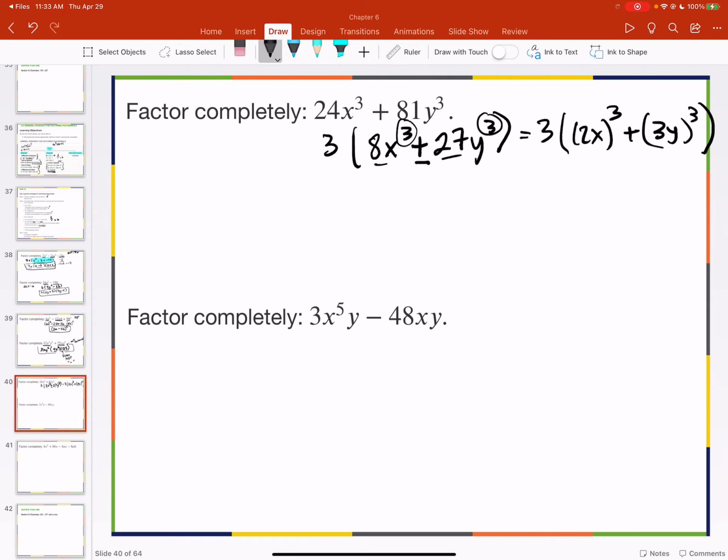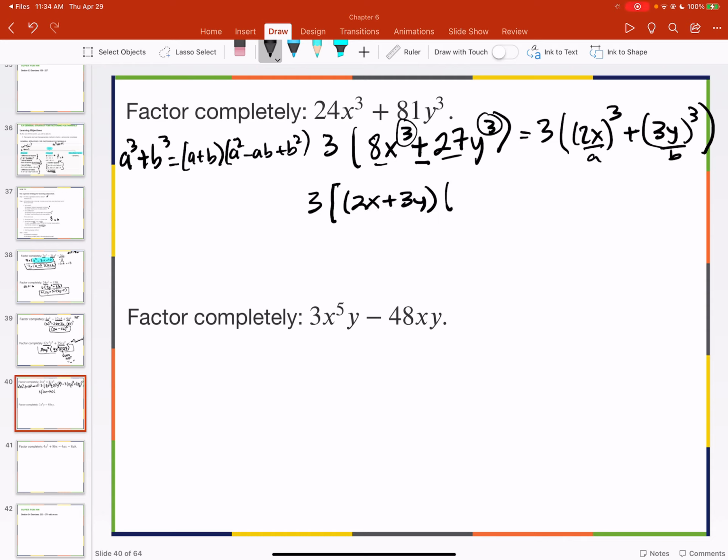Then that becomes the sum of two cubes. Remember how to factor the sum of two cubes? It's a plus b, times a squared minus ab plus b squared. That's the formula. Since our a is 2x and our b is 3y, and don't forget the 3 on the outside, we get 2x plus 3y, times (2x) squared minus 2x times 3y plus (3y) squared.